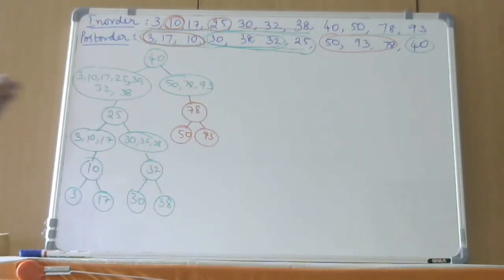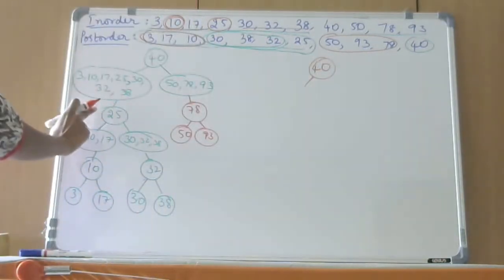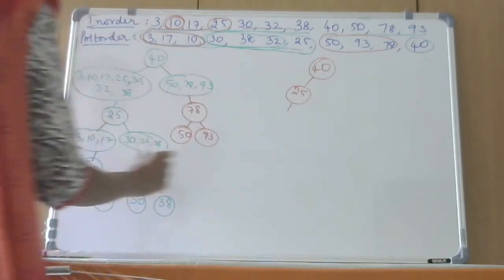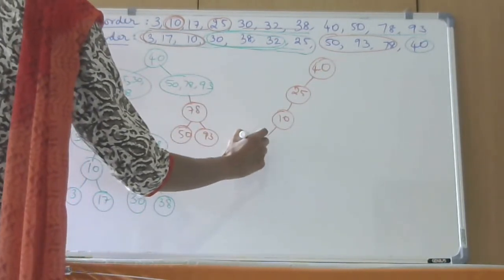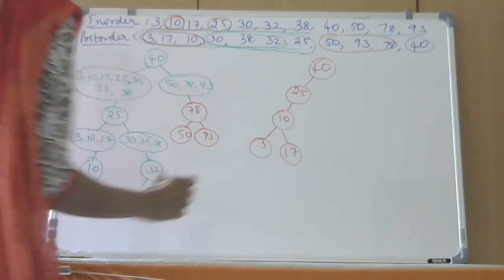So if I have to write my final tree, I'll write 40, we have 25 on the left, let me finish left subtree, 25, then you have 10, then we have 3, then we have 17.